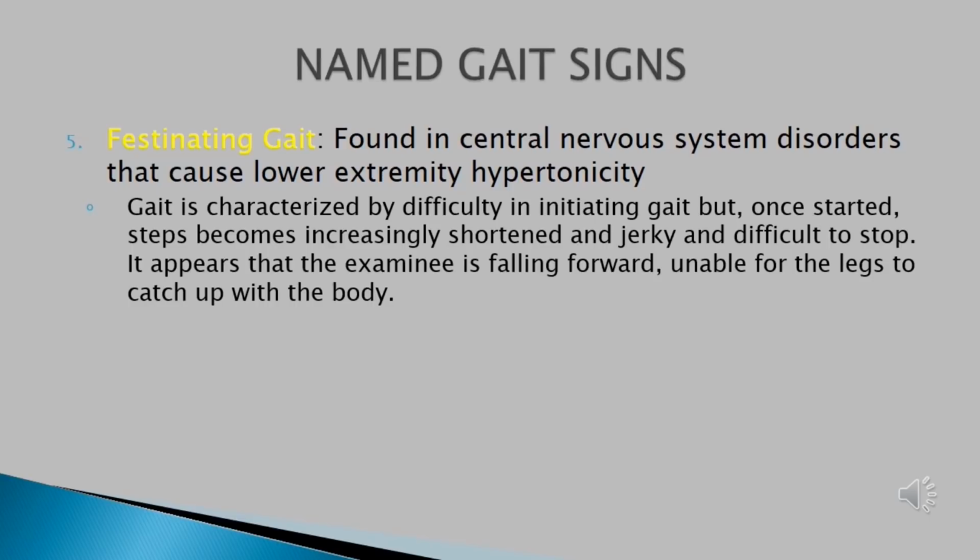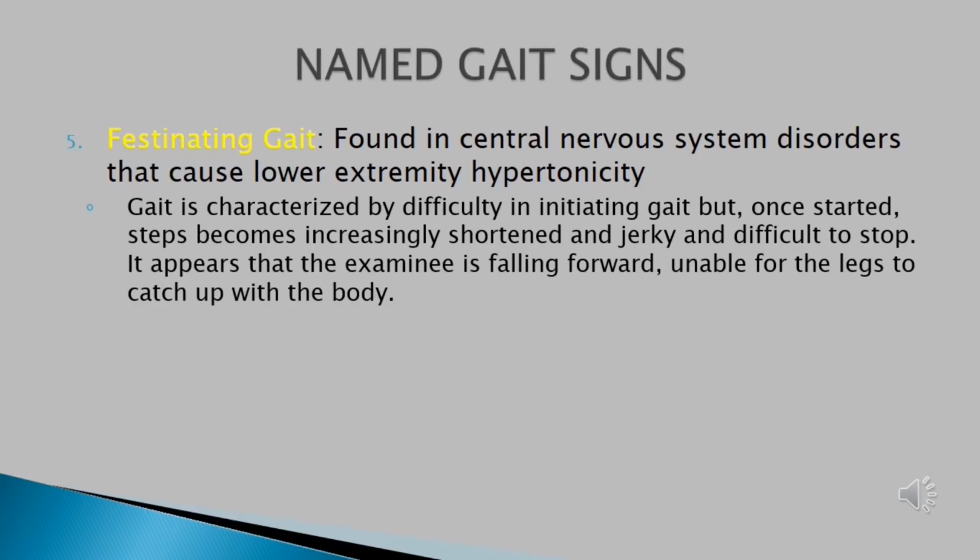But once the gait gets initiated, the steps become increasingly shortened, almost as if stumbling and almost as if running by falling forward. And it appears that the examinee is falling forward, unable for the legs to catch up with the body. And a similar example of festinating gait is sometimes seen in toddlers who are just learning to walk.